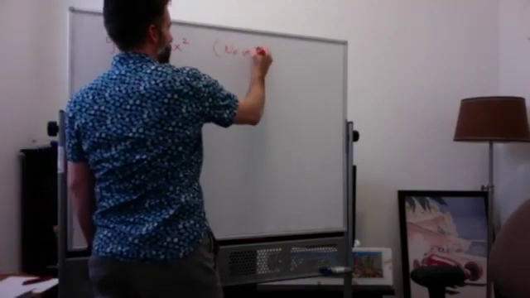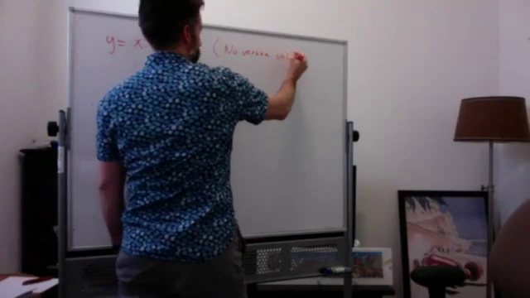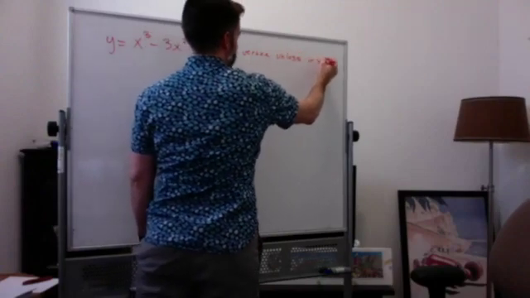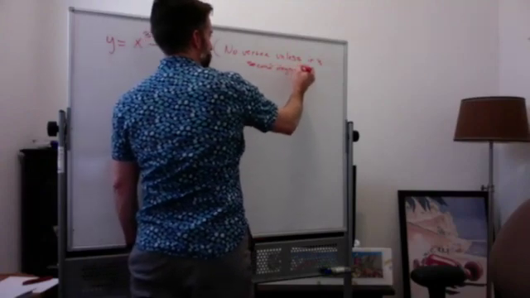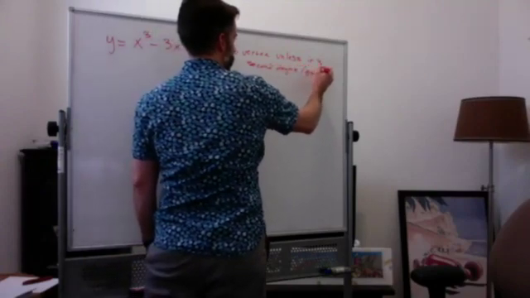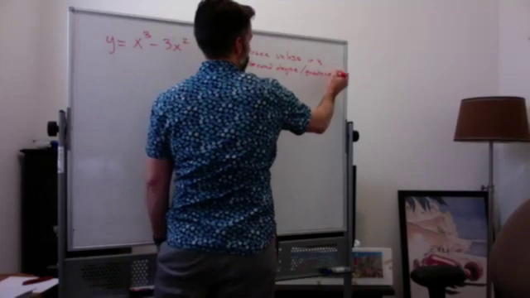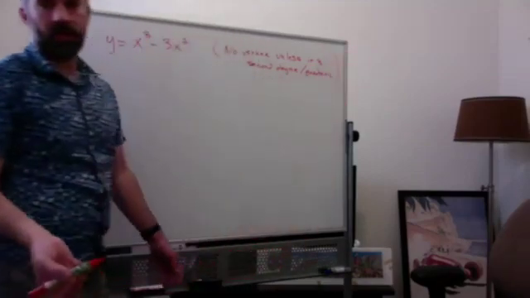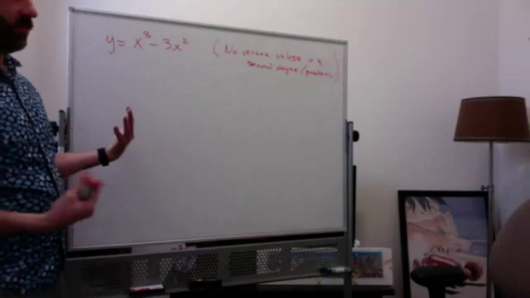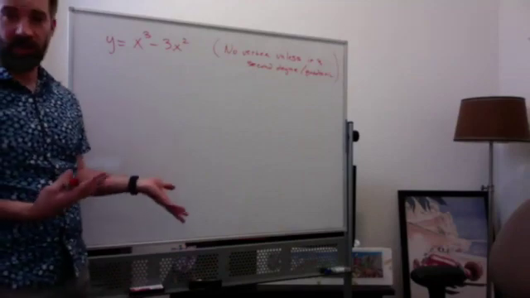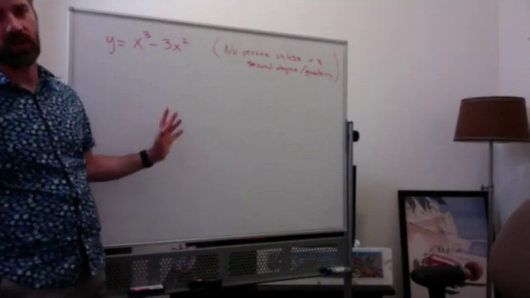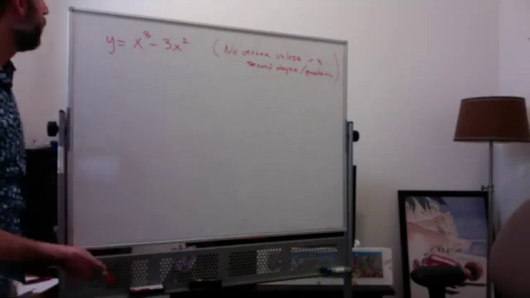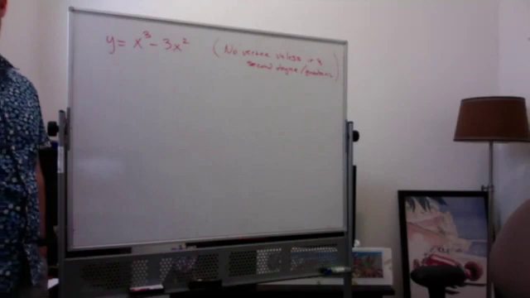No vertex unless it is second degree, or quadratic. Quadratic functions are the only ones that really have vertexes. Actually, that's not true. I should say absolute value functions also have something called a vertex, but most functions don't have a vertex.